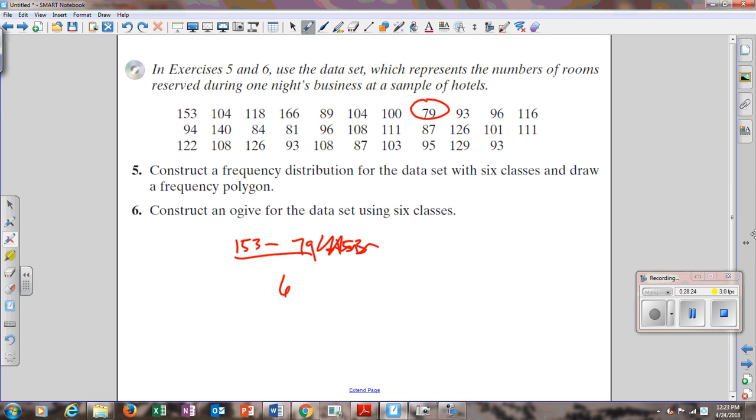Now, can you wrap 0.4 of a room? No, so let's round it up to 13.